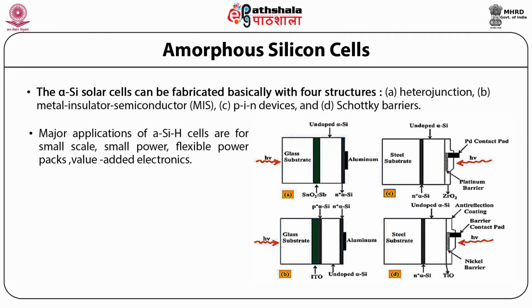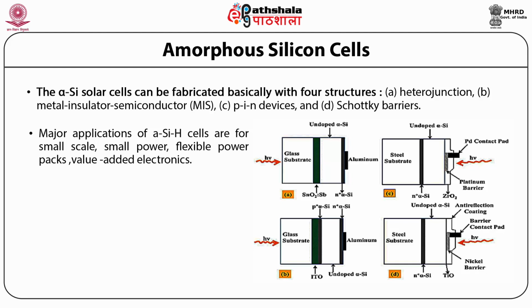An alpha silicon solar cell prepared in a multi-chambered cell shows higher efficiency compared to a single chamber, and it can be fabricated basically with four structures.